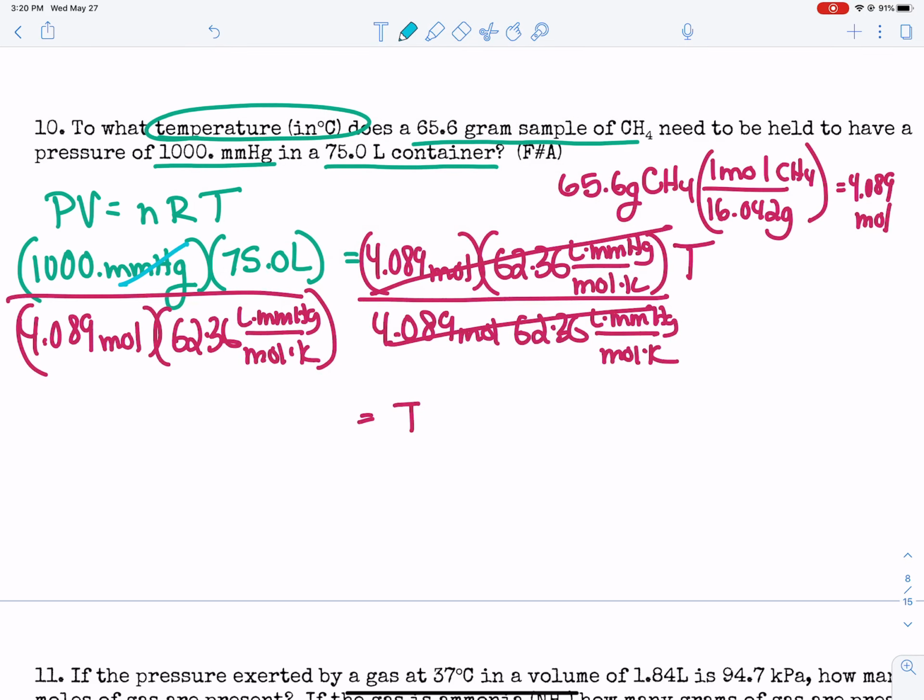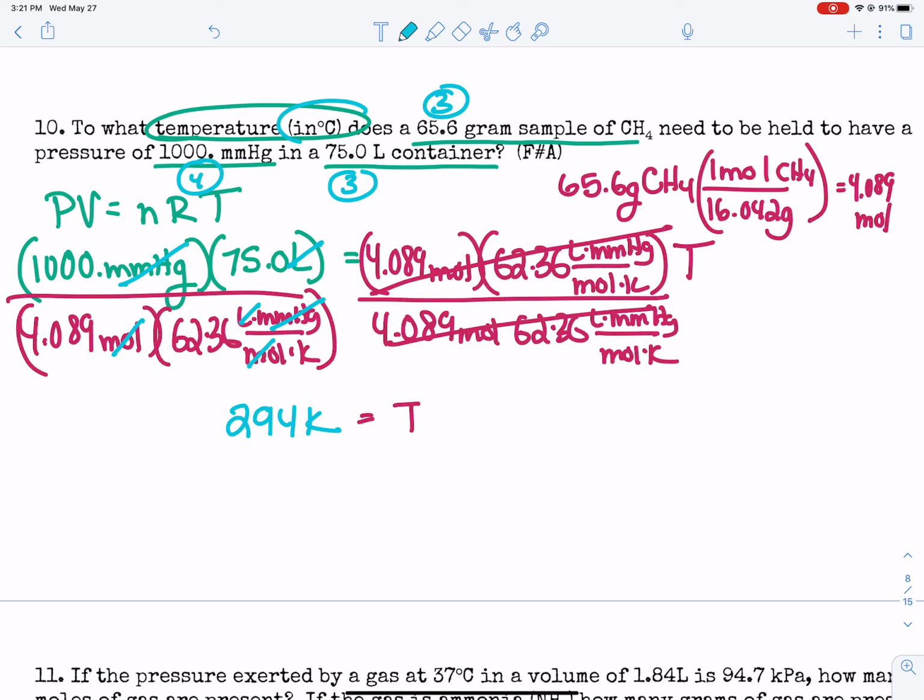Millimeters of mercury in the numerator, millimeters of mercury in the denominator. Liters cancel, moles cancel. And then I have Kelvin. Kelvin in the denominator of the denominator is the same as being in the numerator. 3 significant figures for all of these, right? This is 3, this is 3, this is 4. So my answer comes out to be 294 Kelvin.